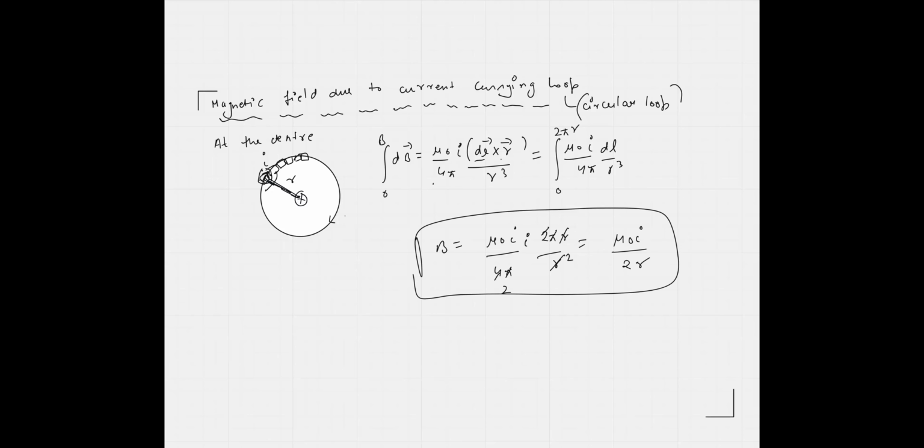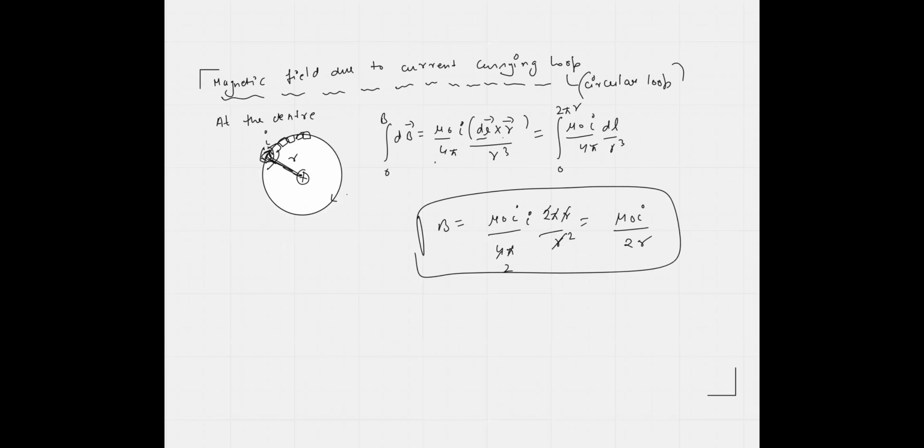What if instead of a complete circle, I have only some small part of a circle, maybe only this? Then, if you see carefully, due to this part I got the magnetic field dB as this thing itself, right?